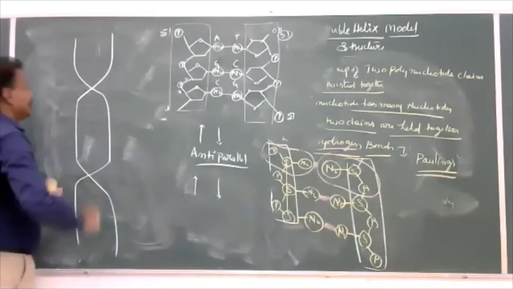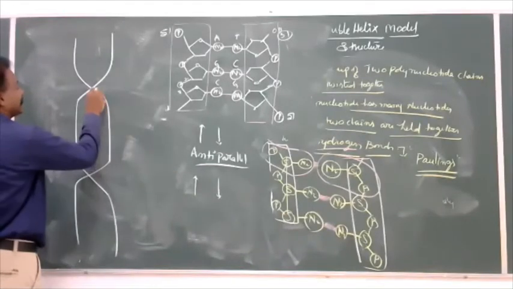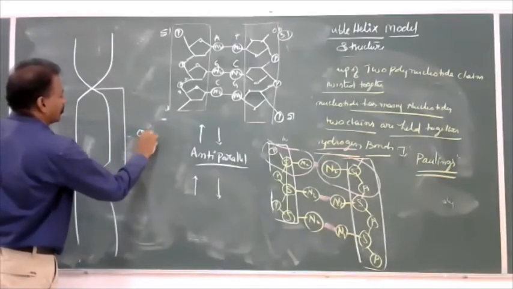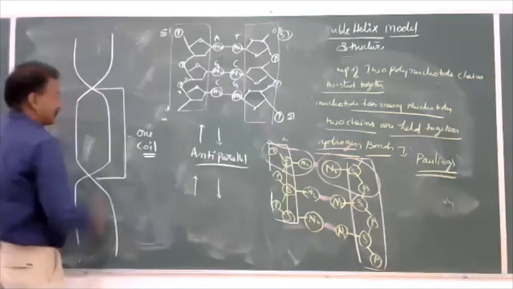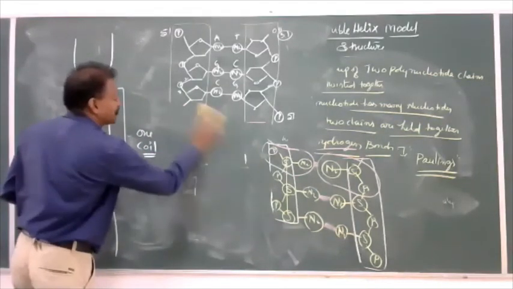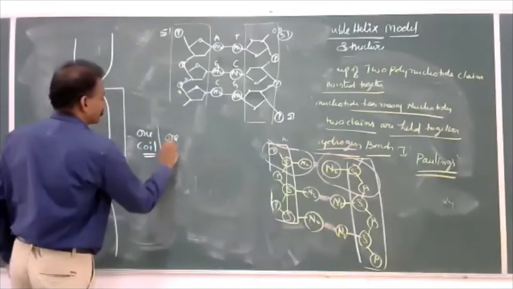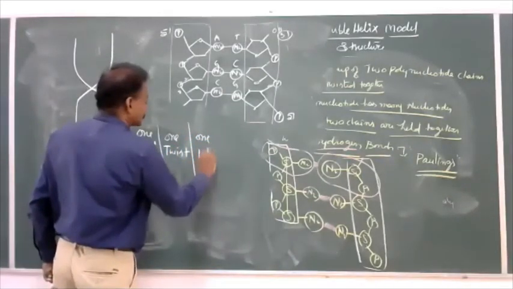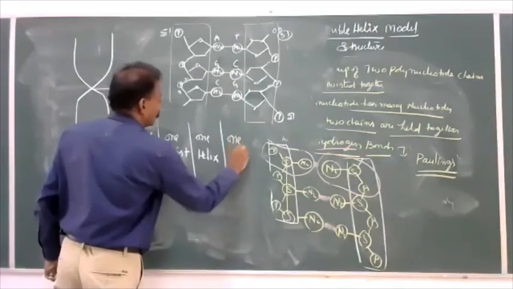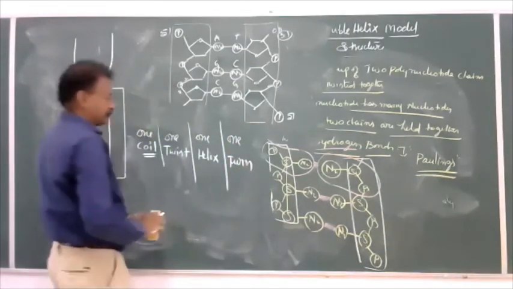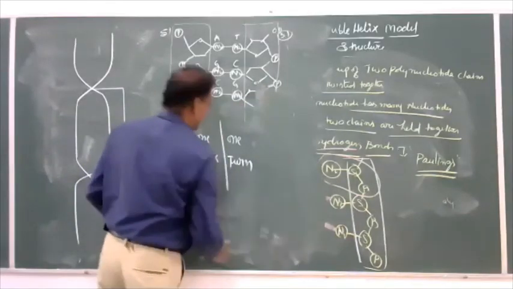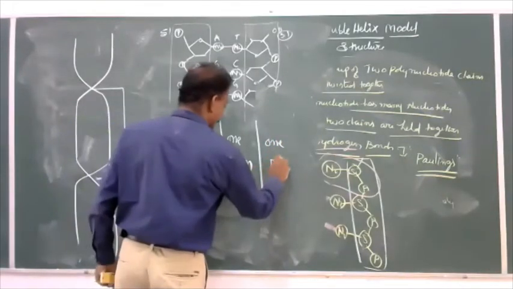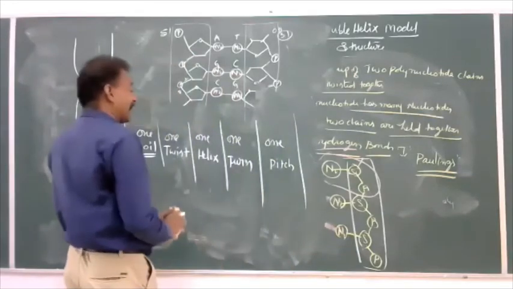Double helix. And Watson and Crick observed the distance between these, that is called one coil, or one twist, or one helix, or one turn, or one pitch, or one gyre.